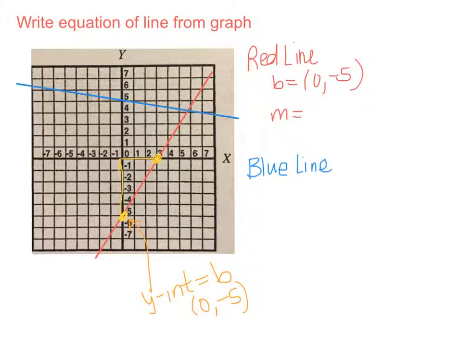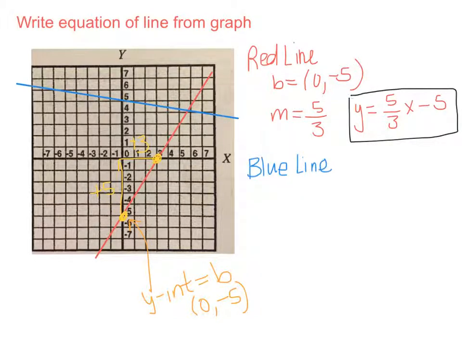Looks like 1, 2, 3, 4, 5. Looks like I rose 5 and I ran 1, 2, 3. That would mean my slope is 5/3. So if I wanted to write an equation of the line, it would be y equals 5/3x minus 5. I hope you got that right.